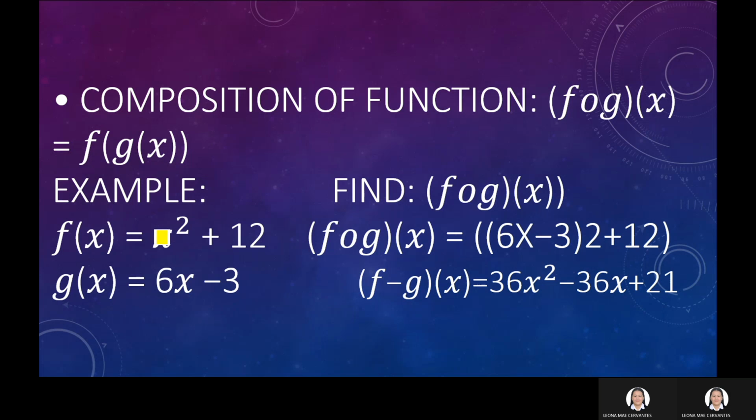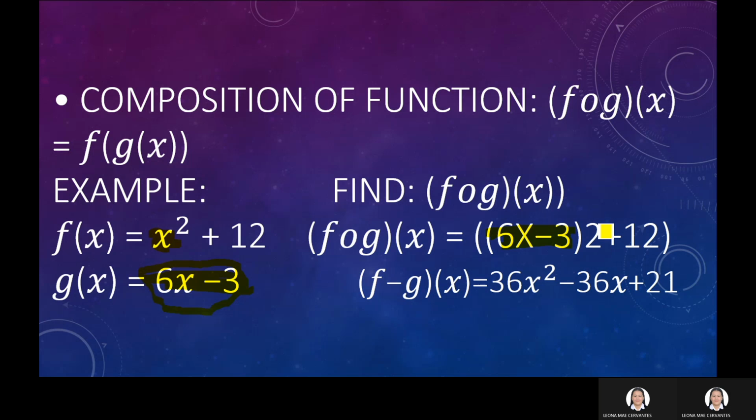Okay, so we will substitute the value of x with the value of g of x, which is 6x minus 3. Okay? So for example, we will remove x or substitute x by 6x minus 3. Okay? Squared.